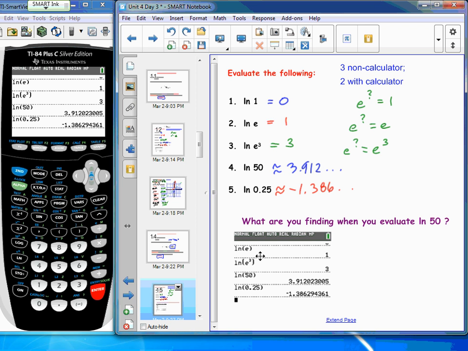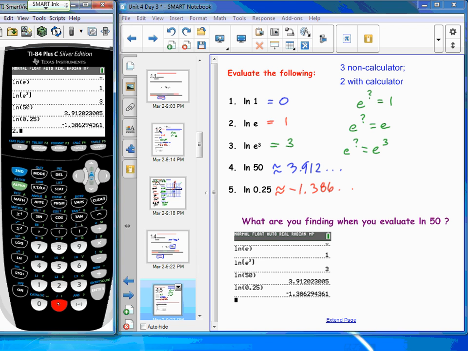That's what we're evaluating. So if I wanted to check, I'm just going to use the decimal approximation right now. 2.71828 to the, and what did we say that was about? 3.912. We said it was about that.